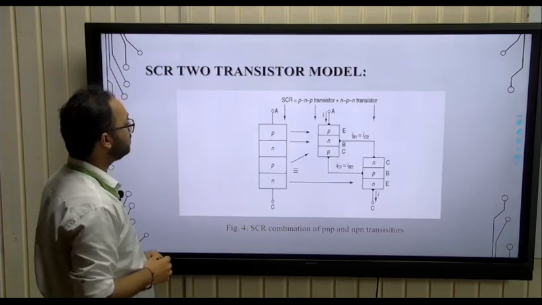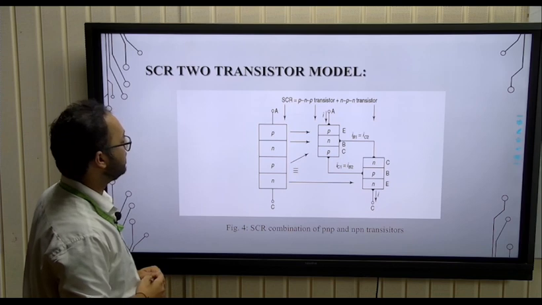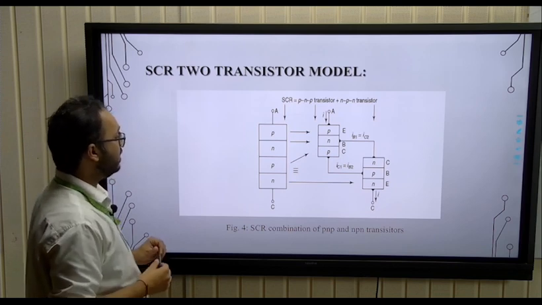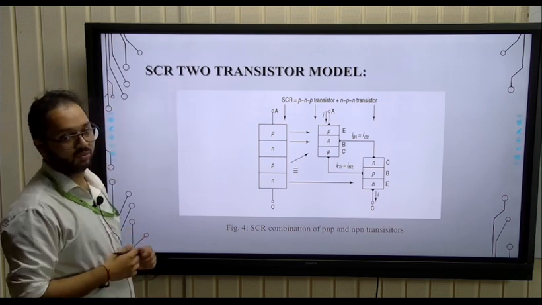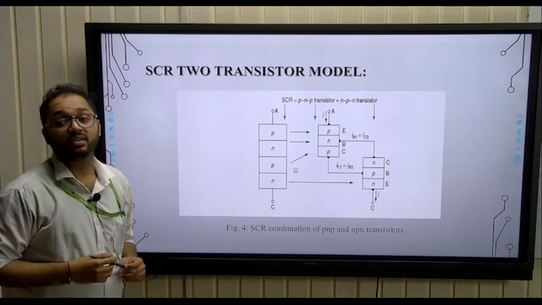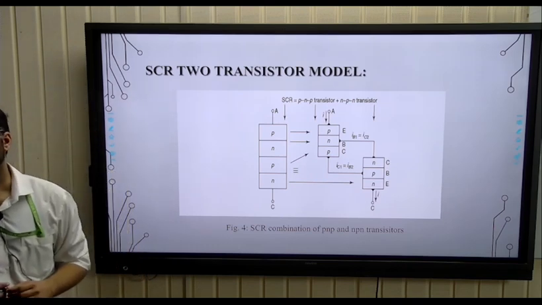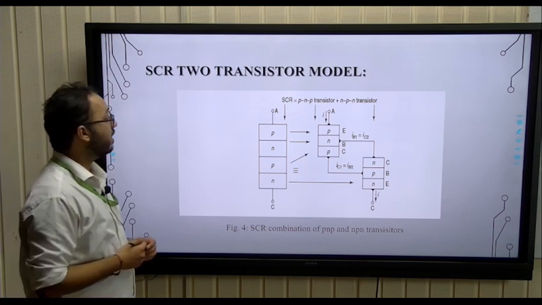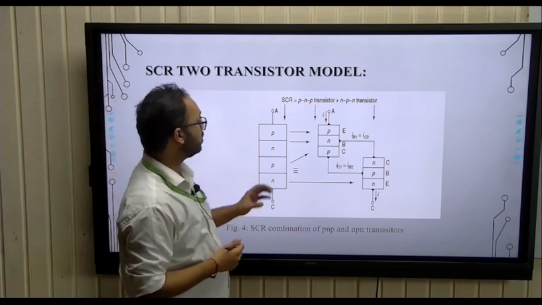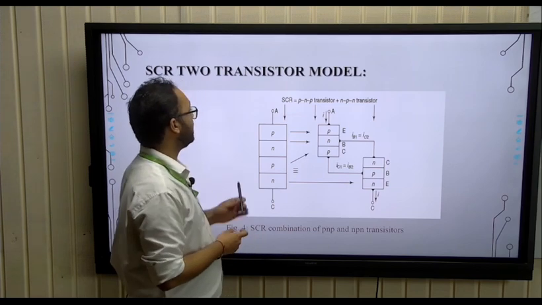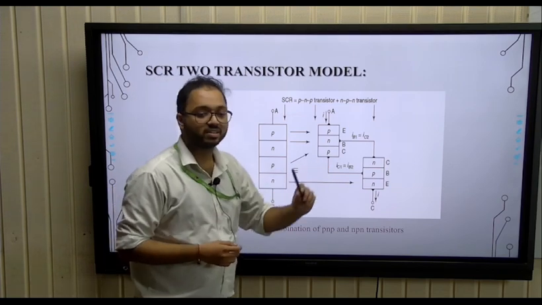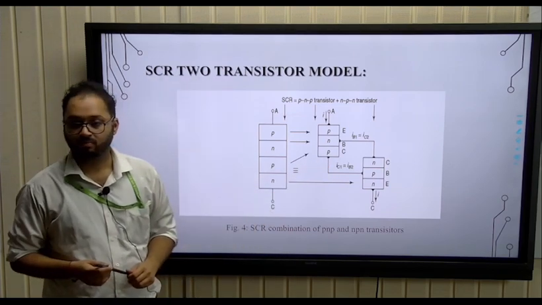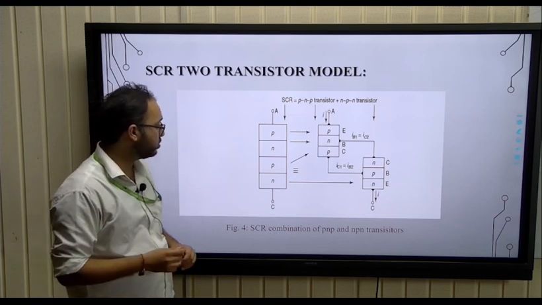This is also a model of SCR. When we say that it is a 2 transistor model, we cannot say that SCR is 2 diodes connected in series. We say that SCR actually is a combination of 2 transistors connected in this manner. Why is it so?